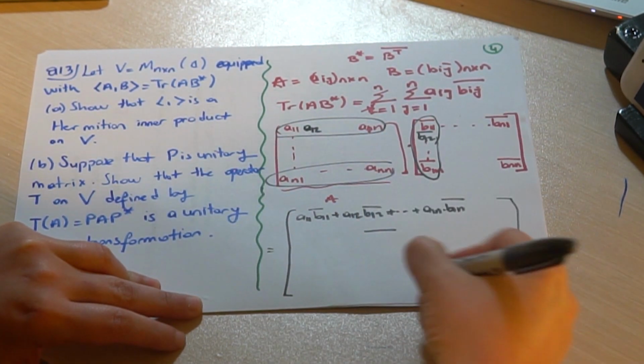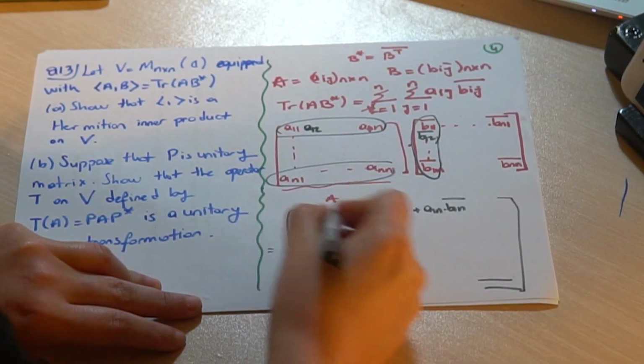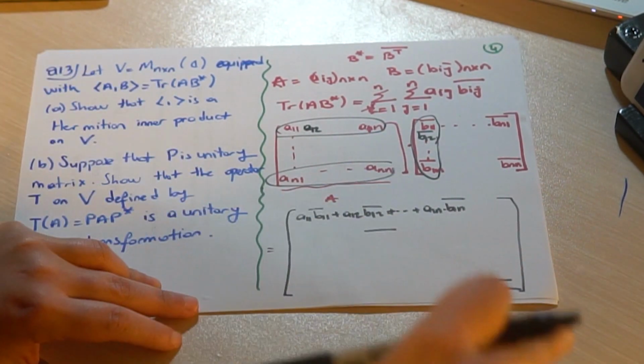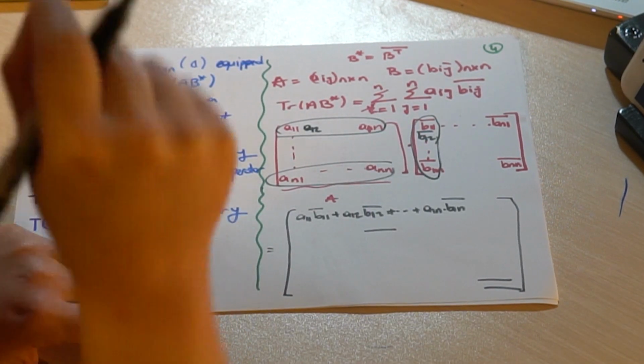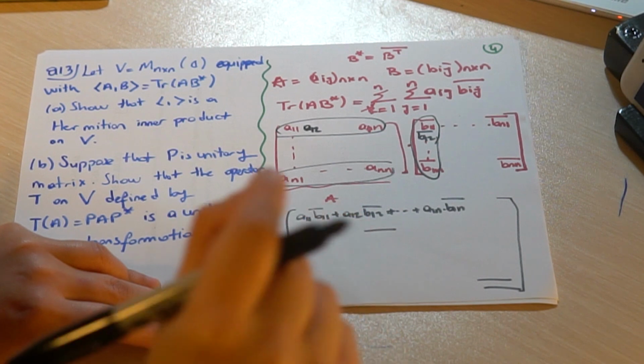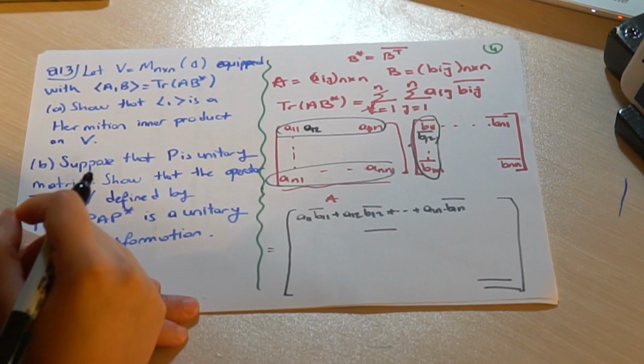Let's look at the last one, the place nn. I'm just looking at the entries at the diagonal because for the trace we only need the entries at the diagonal, right? Trace is equal to the addition of entries at the diagonal, right?